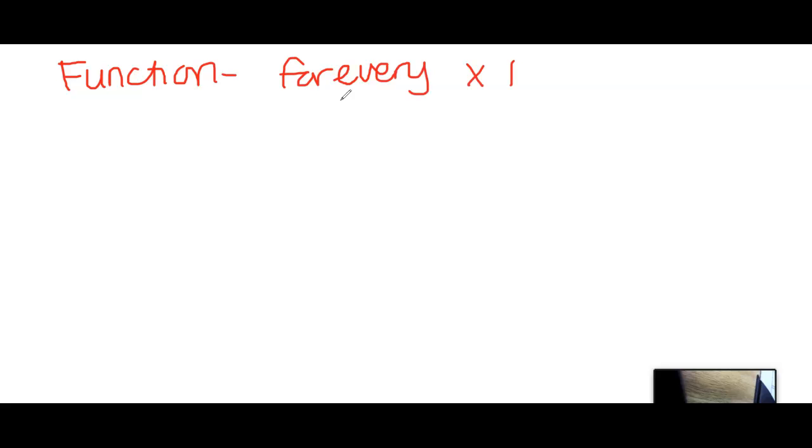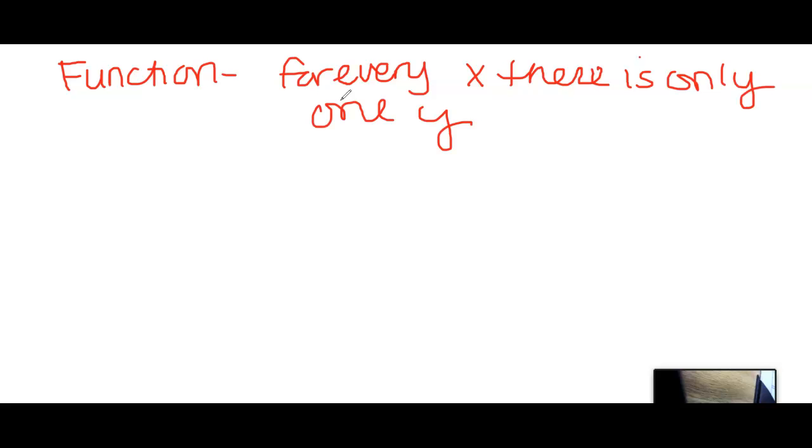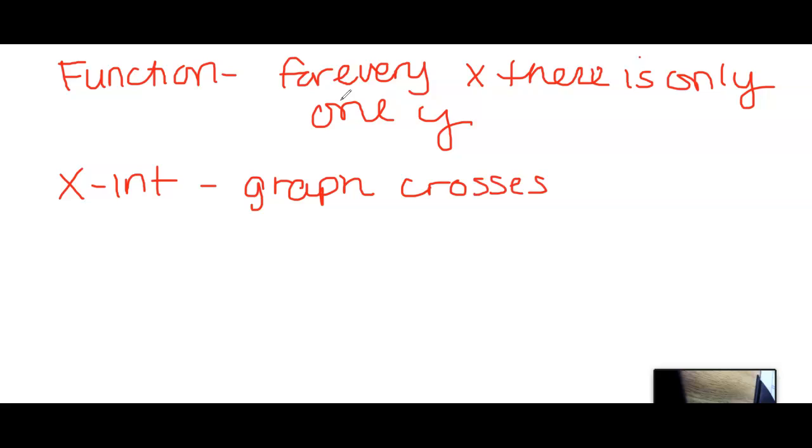You'll need to know a function says for every x, there is only one y. So for every x, there is only one y. The x-intercept is where the graph crosses the x-axis.